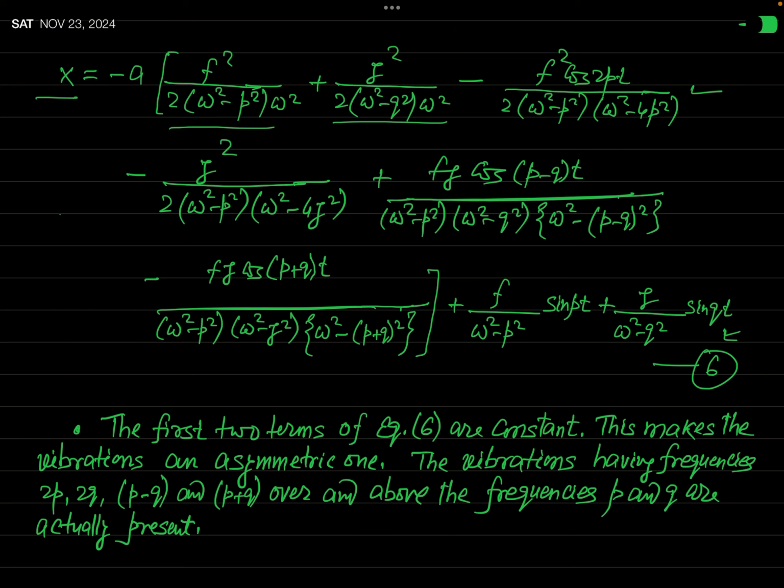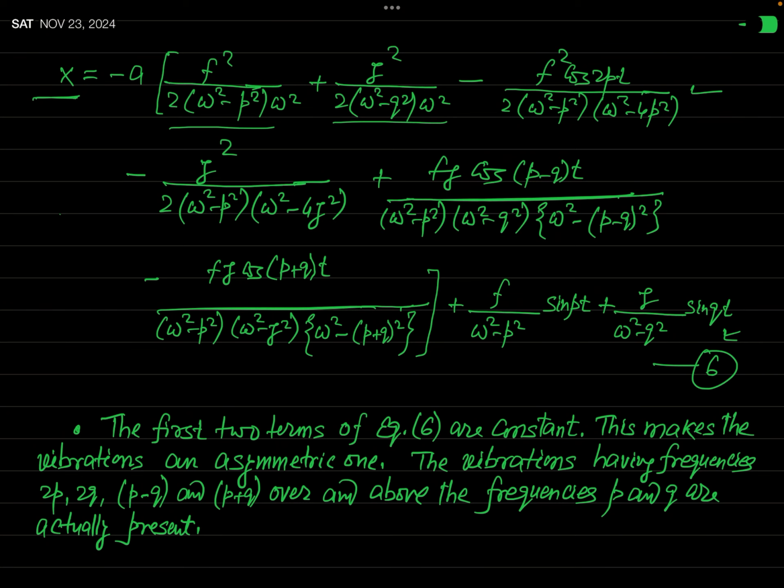So this is the resulting equation, or you can say this is the solution of that equation of motion of the asymmetric system vibrating under two periodic forces. This is the solution. Now when you look at this equation closely, what conclusions can we draw from this?